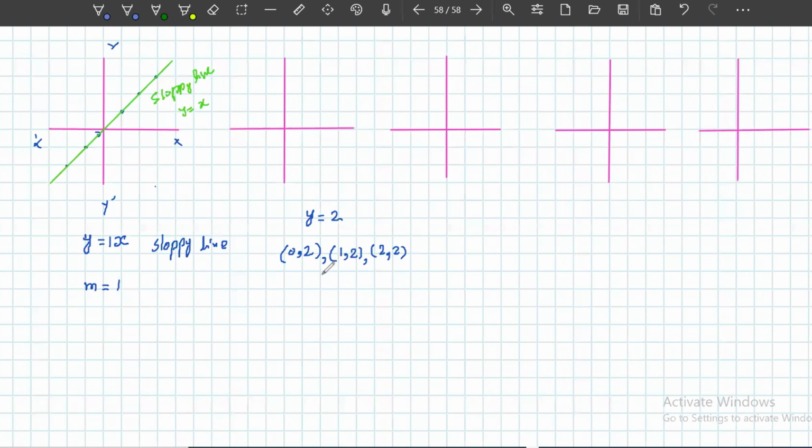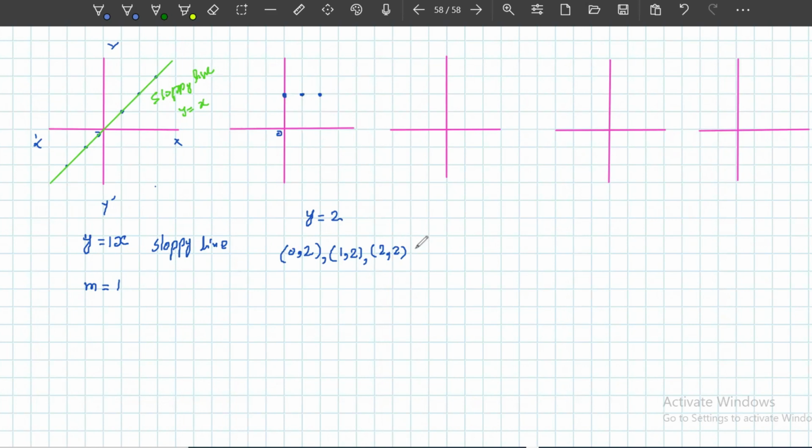If I say plot these points on the graph paper, here we have 0, each box equals 1, so 0, 2 is here. Once you have the concept, if you know y is equal to 2, or y is equal to any constant, choose that point and from there draw a horizontal line straight away. But here, look how I'm plotting these points. 1, comma 2 is here. 2, comma 2 means 2 units right, 2 units up, the point is here.